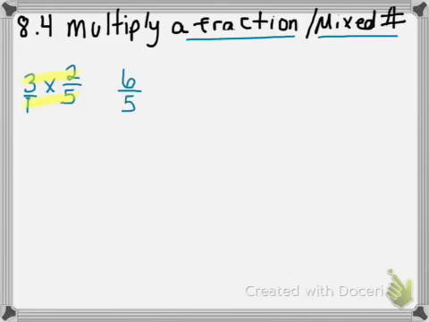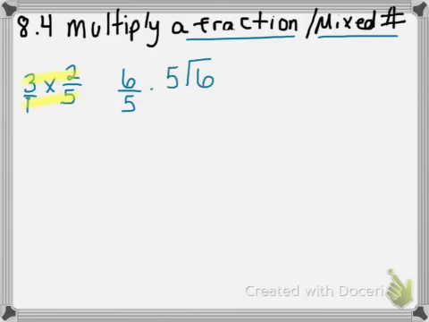Now, different from yesterday's lesson on 8.3, we actually need to change this fraction into a mixed number. I can't leave it this way. It's a top-heavy or improper fraction. So to change that, as a review, we need to divide 6 by 5. I messed that up, 6 by 5.